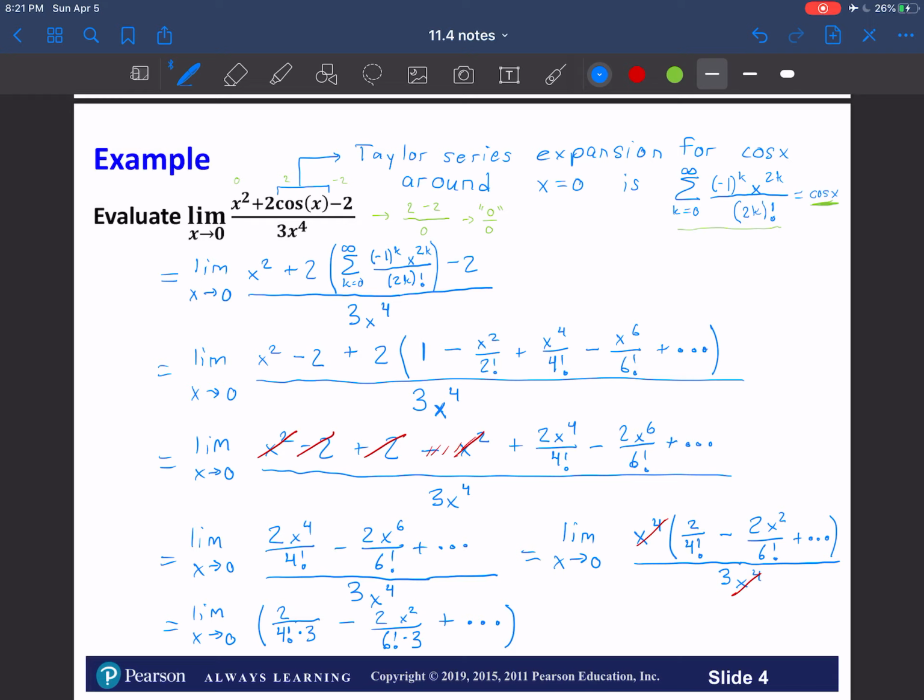And the idea is that every term in the dot dot dot after the first has an x in it. And since we're taking the limit as x approaches 0, this whole thing is just 0. And every term after it is also 0. And so all we are left with is just 2 over 4 factorial times 3. And if we actually calculate that out, we get 1 over 36.